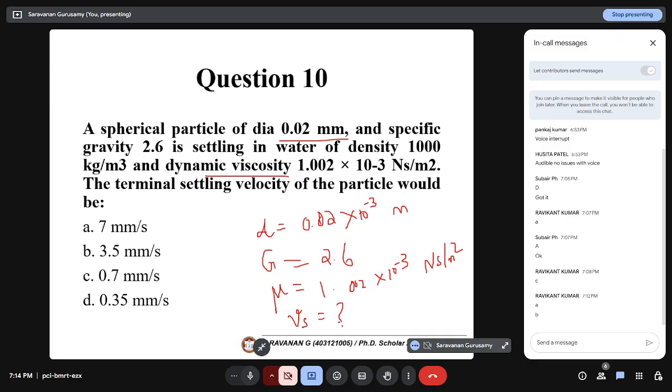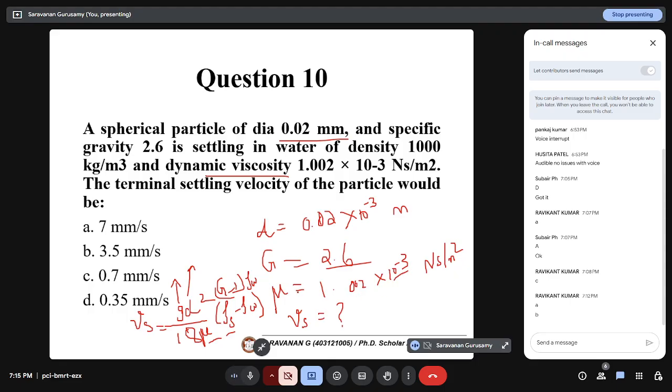So the formula using Stokes law will be Vs equal to g d square by 18 mu into (rho s minus rho w). Or you can use (G minus 1) into rho w; anything you can use. If you know the G, you can find rho s is 2600. Density is based on the specific gravity. G is 9.81. D is 0.02 into 10 power minus 3, squared. 18. Mu is 1.002 into 10 power minus 3.